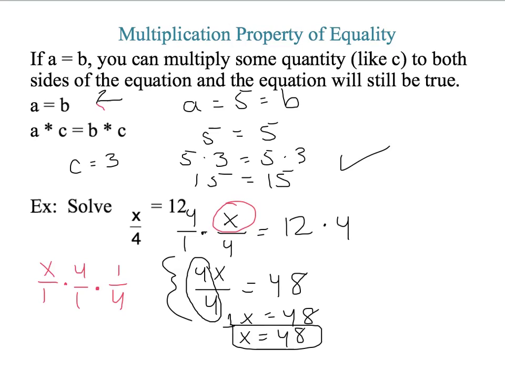So here we have x over 1, 4 over 1, and 1 over 4. So this is the same as this part we had here, which is 4 over 1, so that's there. Then we have x over 4, which is the same as x over 1 multiplied by 1 over 4. So then 4 over 1 times 1 over 4, these would cancel each other out, so you just have that x on one side.